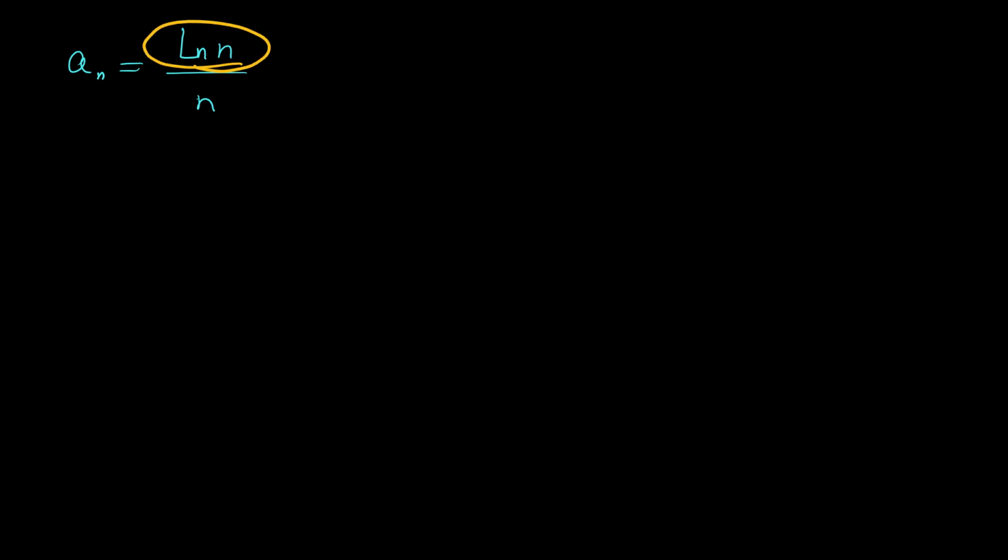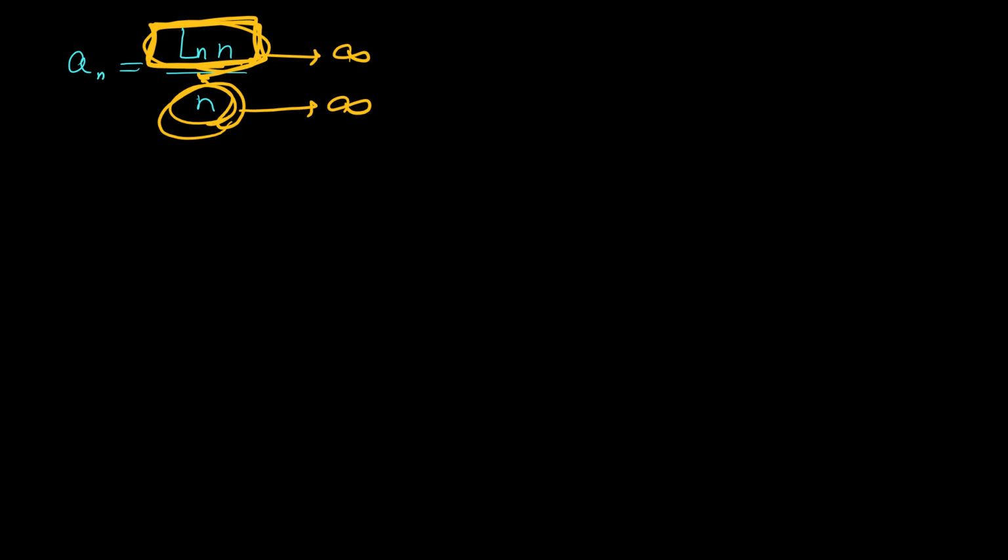So, we know that this goes to infinity. This also goes to infinity. N goes to infinity, these go to infinity. But which one is going to infinity faster? N, because ln is the inverse of exponential functions. Exponential functions grow very fast.